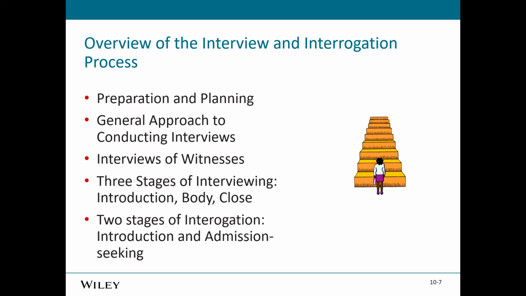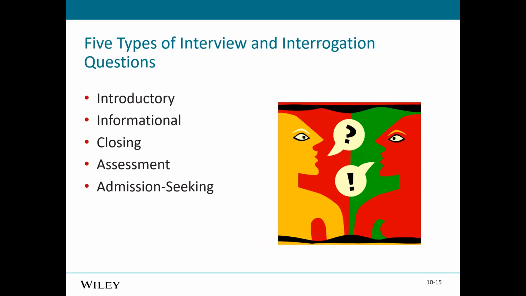So, maybe providing that moral justification or the reason for those targets' actions in order to get them to come forward and confess on those acts. And we'll talk about that a little bit more in detail in a bit.